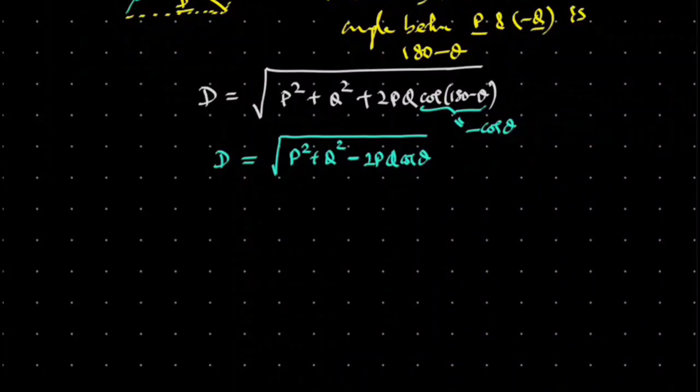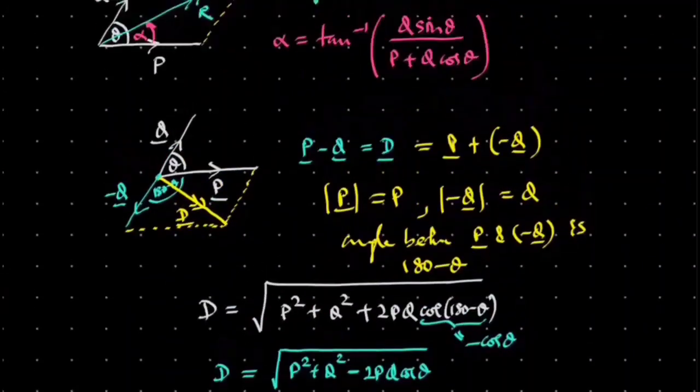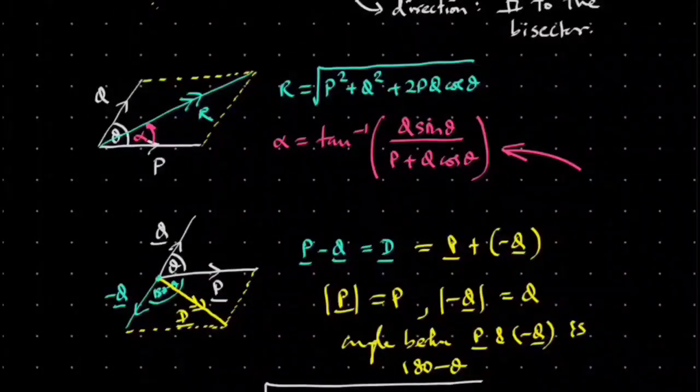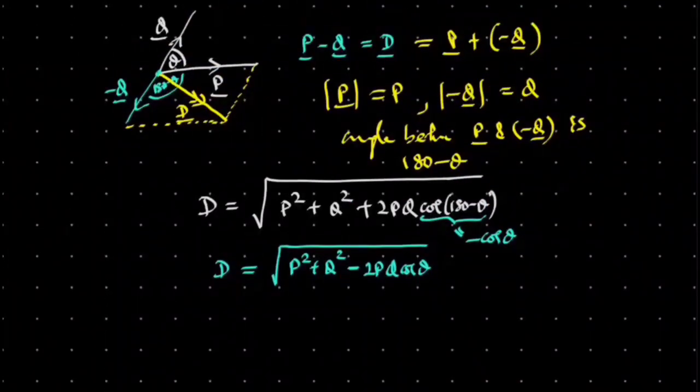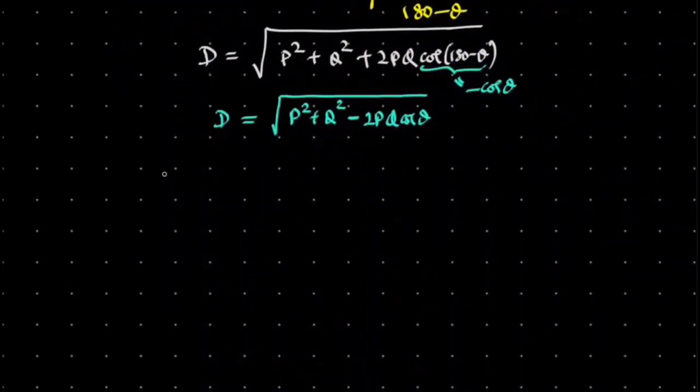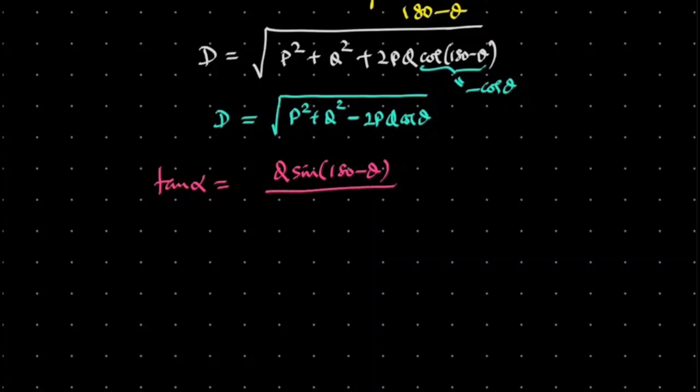And if you do the same thing to the tan value, it was tan alpha equals Q sine theta over P plus Q cos theta. But this time, to get the tan alpha, I'll mark the alpha with the P, just like we did in the earlier one. So tan alpha is going to be Q sine 180 minus theta, remember Q is the magnitude of one of the vectors, which is vector minus Q for us, but its magnitude is also Q, over P plus Q cosine 180 minus theta.